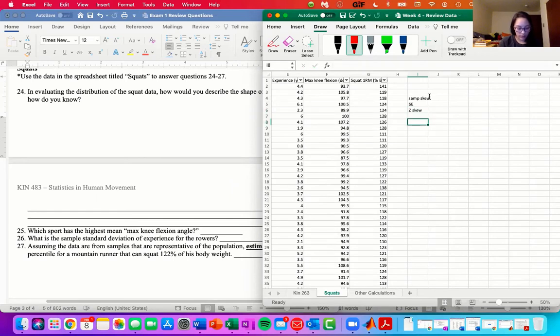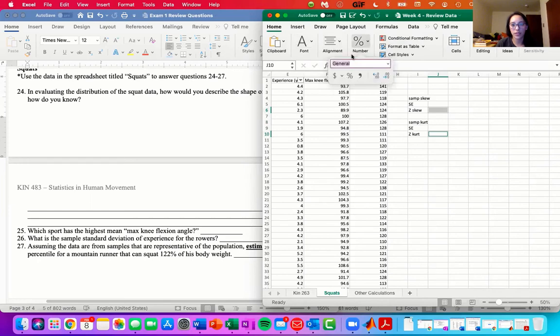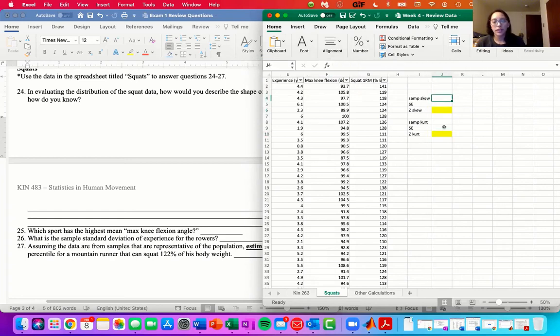Z-skew, and then we'll do our sample kurtosis, standard error for kurtosis, and Z-kurt. Again, the Z values are the ones that you're actually interested in reading. Another common mistake is that people report the sample skewness or kurtosis, and that's not correct.